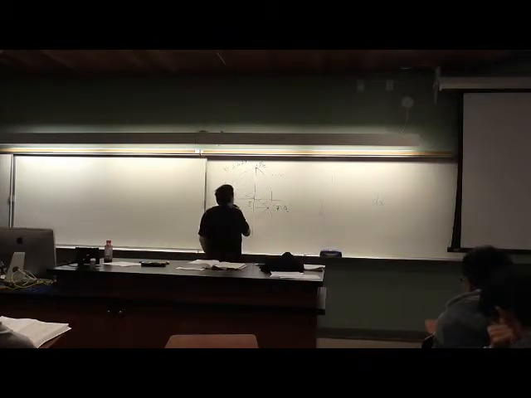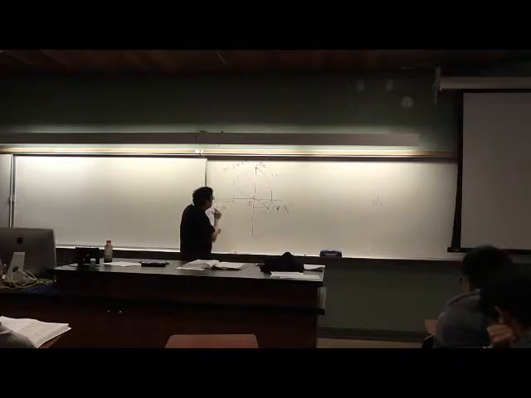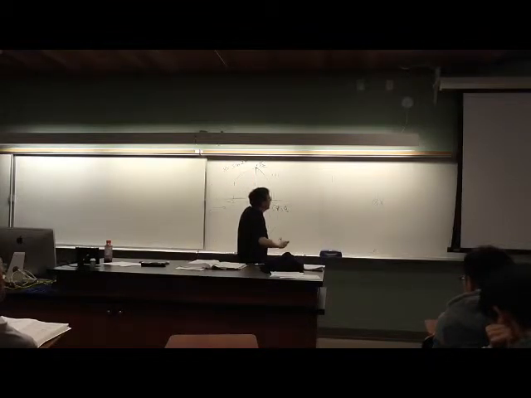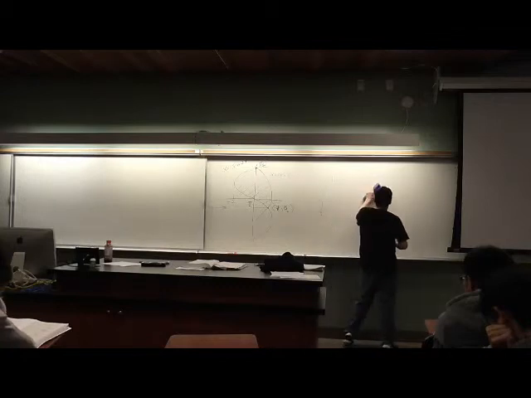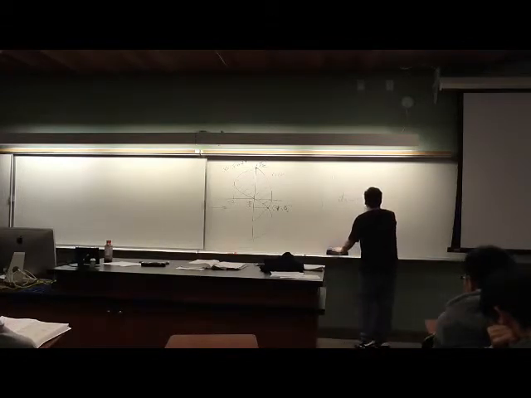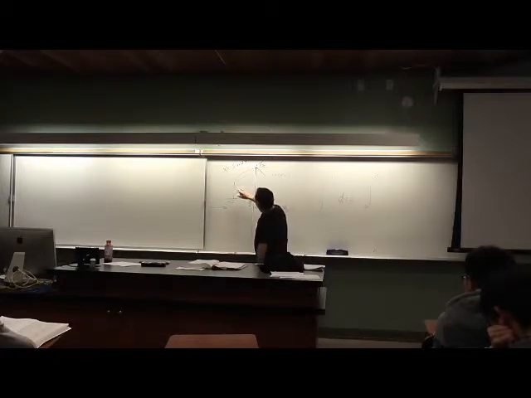But now we have a problem. From -2 to 0 here, we're adding up this guy. I'm just going to expand here. From -2 to 0, we want the area between here and here.